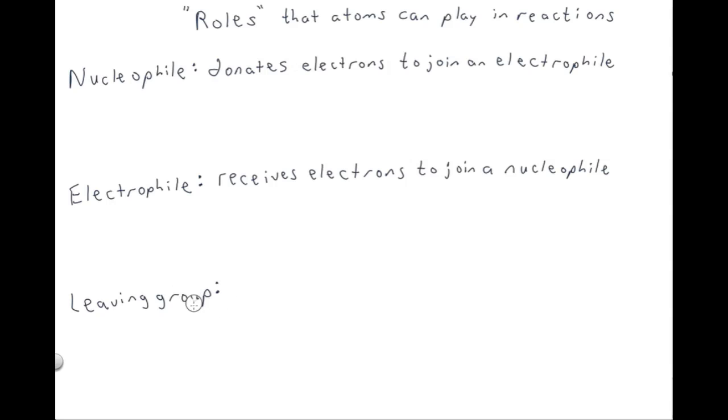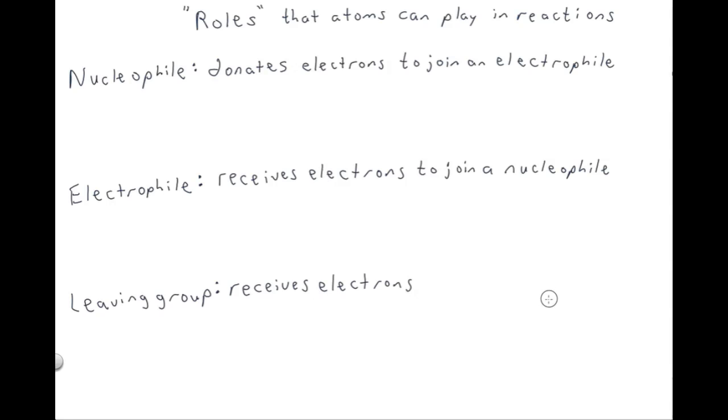Students are less likely to know how to define a leaving group. Do leaving groups donate or receive electrons? Well, leaving groups receive electrons. But remember, we want a two-part definition. We can't just say that a leaving group receives electrons, because then we wouldn't be distinguishing between a leaving group and an electrophile.